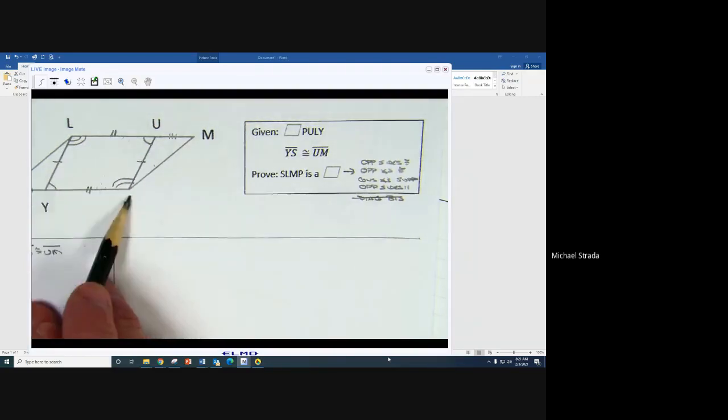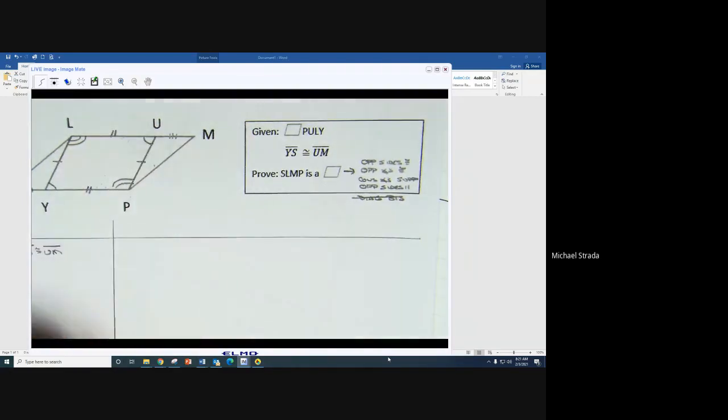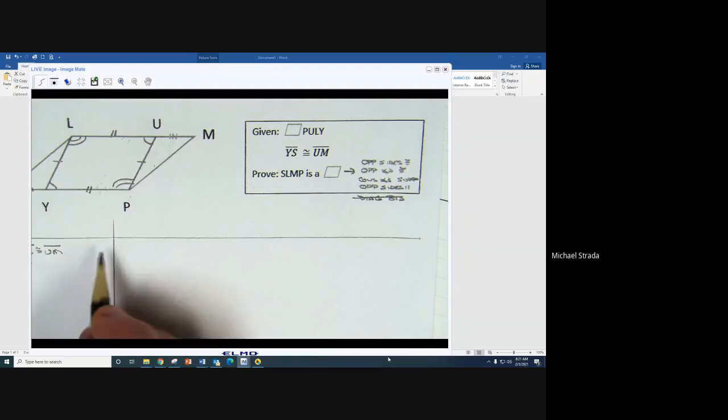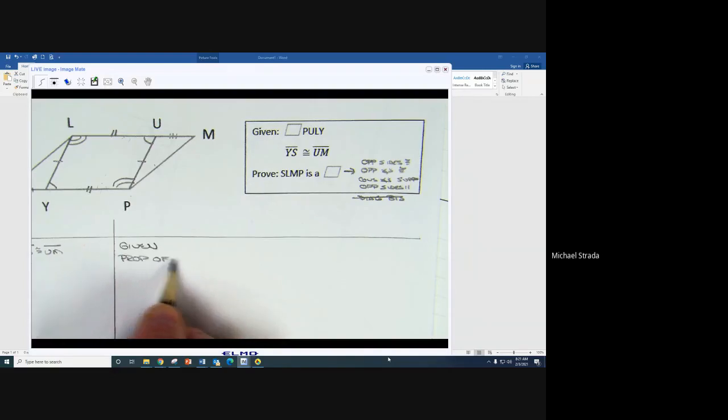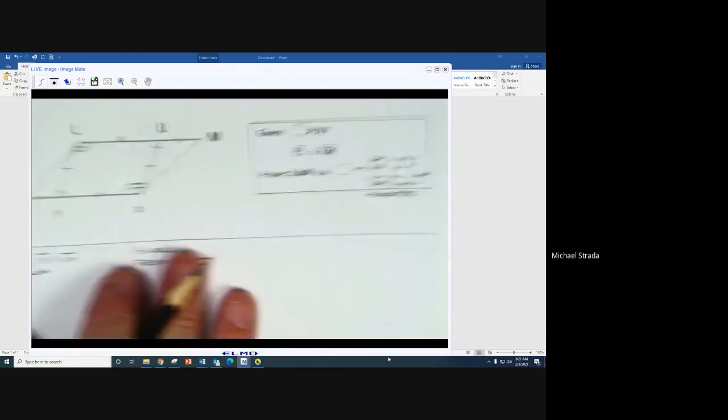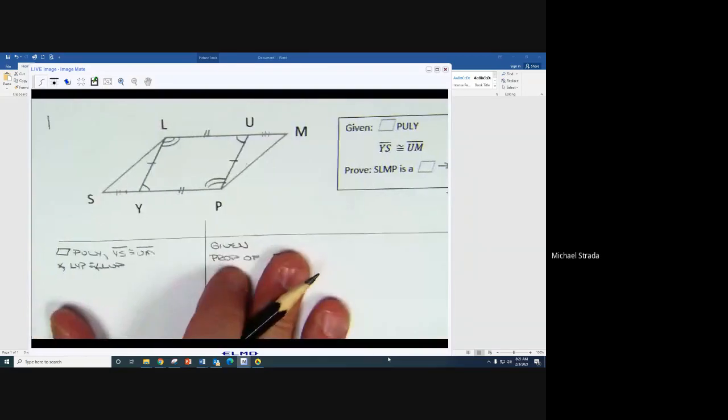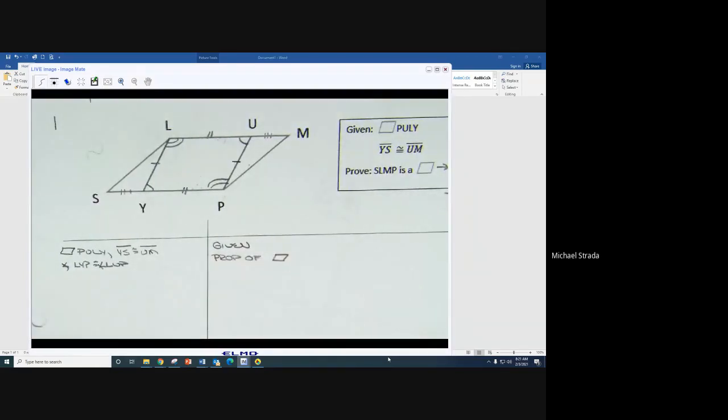Angle LYP is congruent to angle LUP. That's given. That's properties of parallelogram.